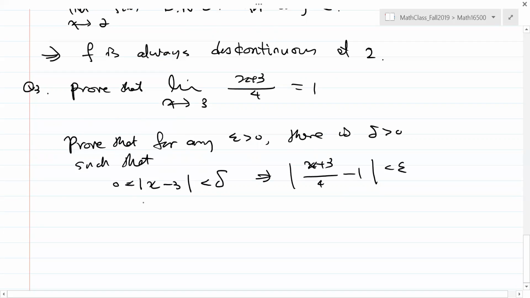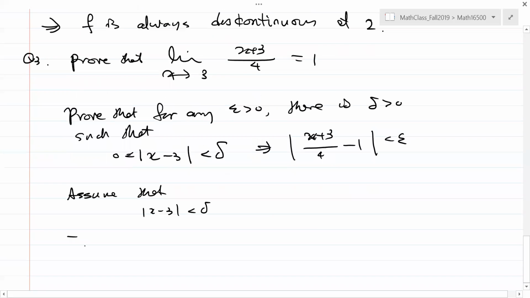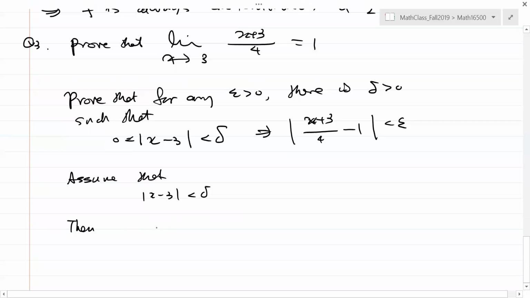So x minus 3 less than delta is the assumption. Then, under the assumption, x plus 3 over 4 minus 1, we don't know it's less than epsilon now, right?